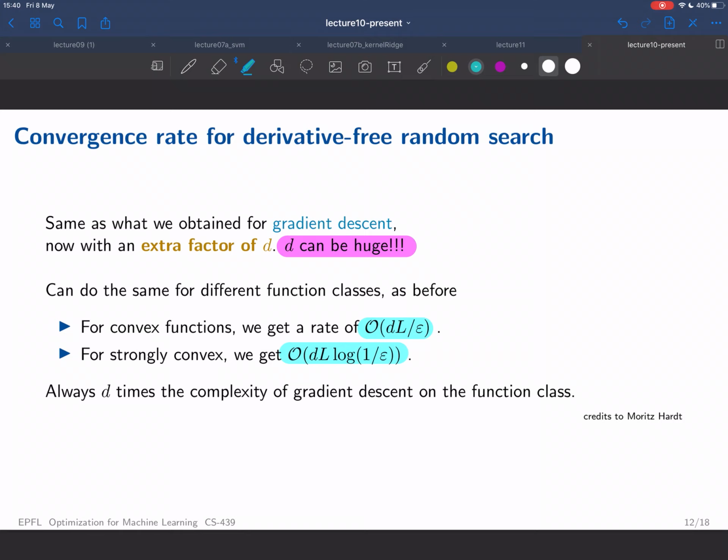The geometric fast convergence, remember, the logarithm of 1 over epsilon. These many steps were enough to get an epsilon approximate solution with gradient descent on strongly convex and smooth. Now we get the same thing, but with a slowdown of D, so that you can also show.